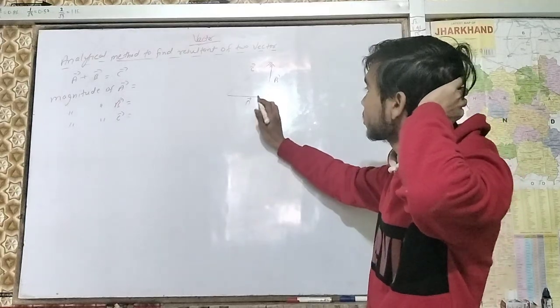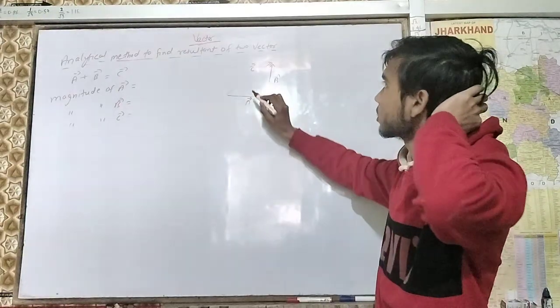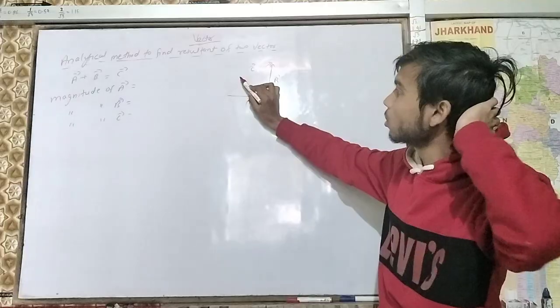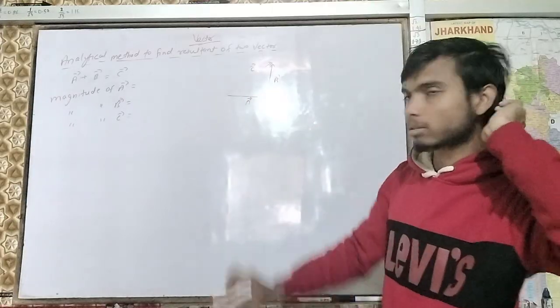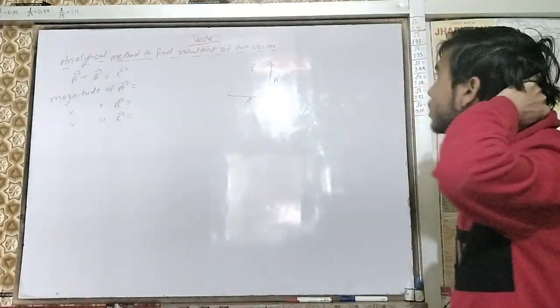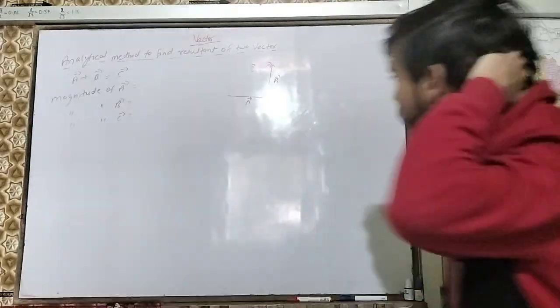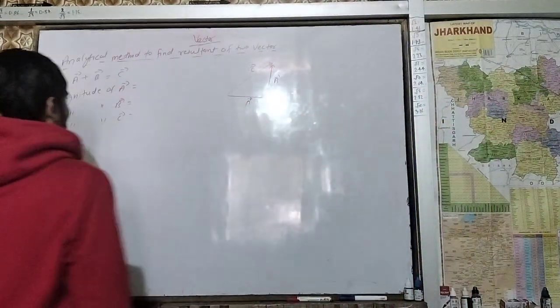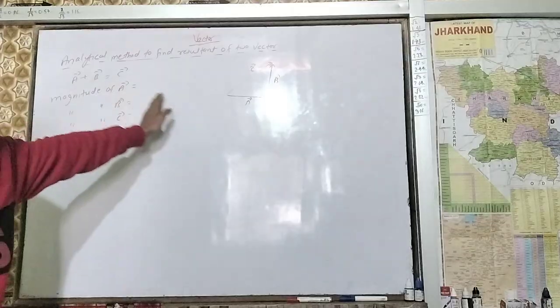This one vector and this another vector. So the resultant of these vectors is vector C. This vector C is a resulting vector, which is the third vector. My question is how to find the magnitude of a given vector A.